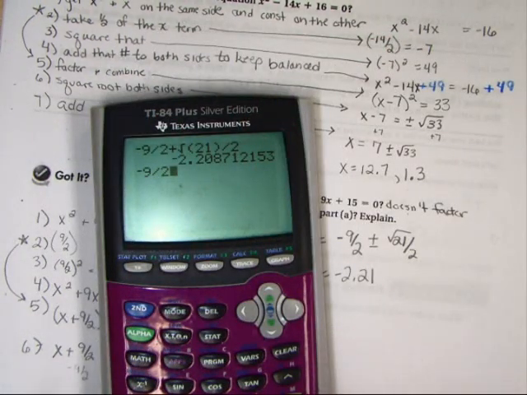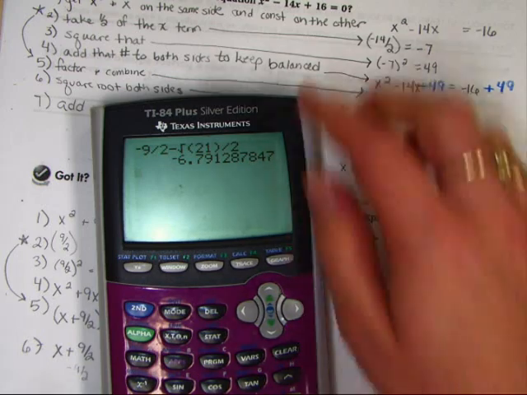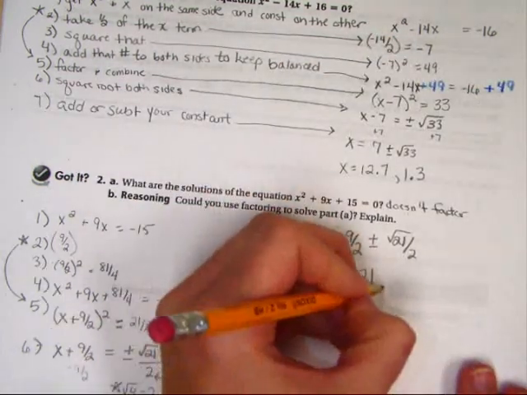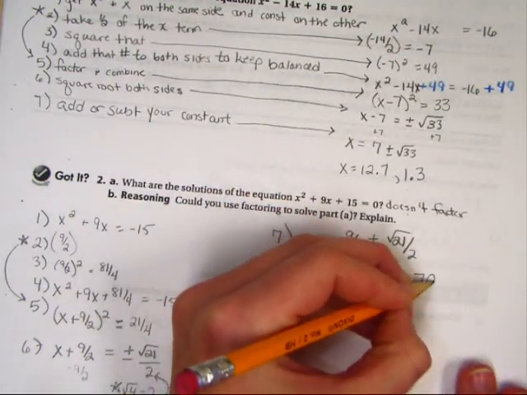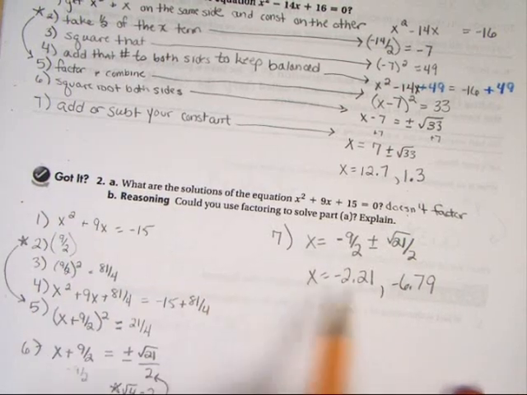Negative 9 over 2 minus the square root of 21 over 2. Negative 6.79. These are the two answers that are considered what we call your roots.